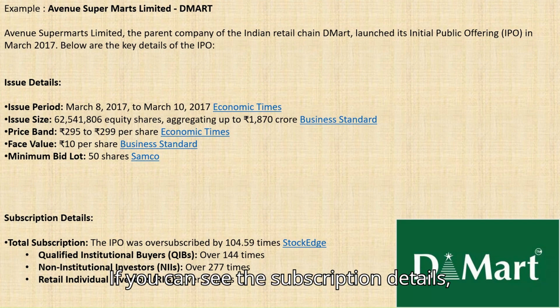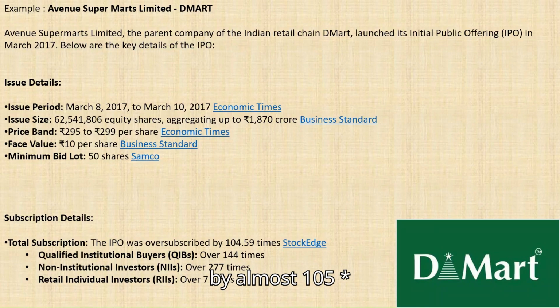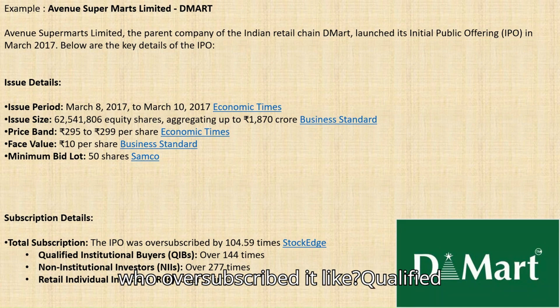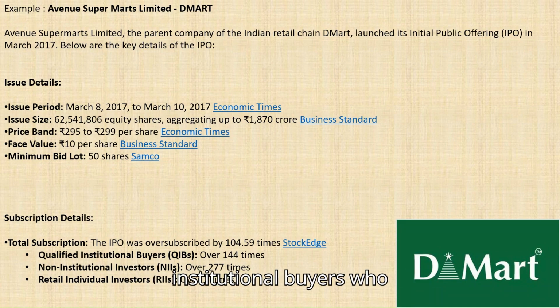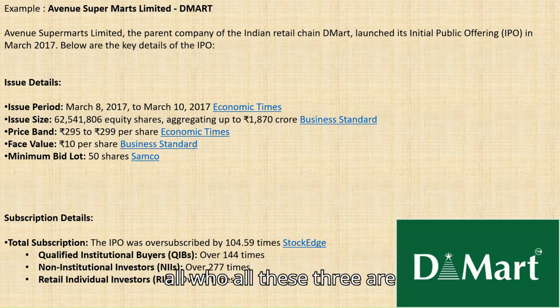If you can see the subscription details, the total subscription was oversubscribed by almost 105 times, 104.60 times. It is very huge. So who oversubscribed it? Qualified institutional buyers who oversubscribed 144 times, NIIs, and retail individual investors. I'll be going to see who all these three are in the next slide.